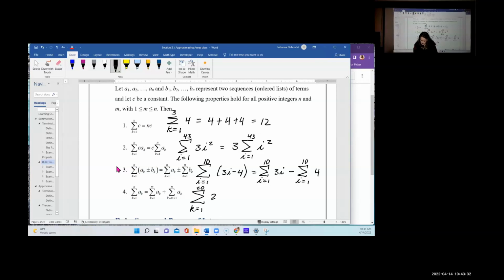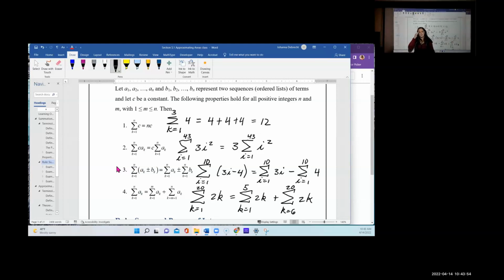It doesn't look like a k. There we go, 2k. Then this is the same as doing the sum from k equal 1 to 5 of 2k plus the sum from k equals 6 to 20.